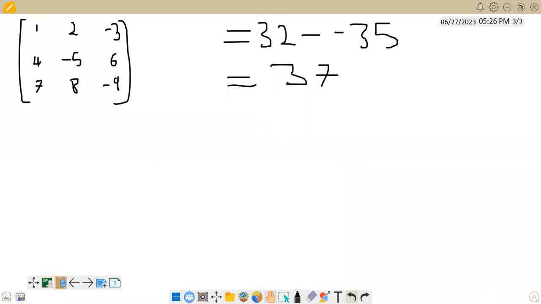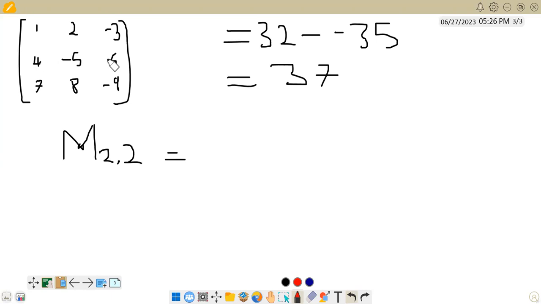Nde tiyerekezeso kuti atifunsa kuti find the minor for row 2 column 2. So tikaona apa, this is our first row, second row, row 2.